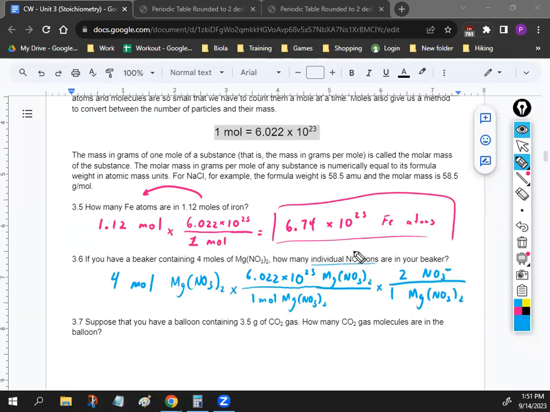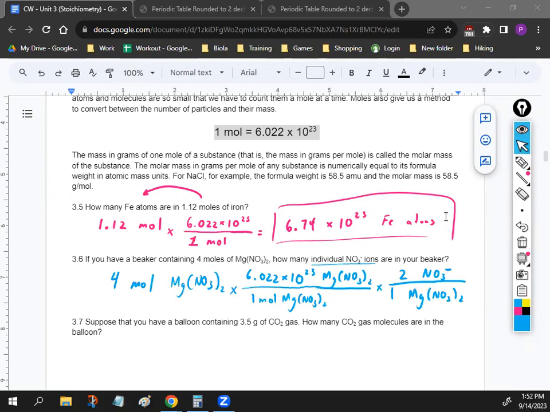You notice that? Because the question's asking you to find NO3, whatever answer you get, you're going to have to multiply that by 2.